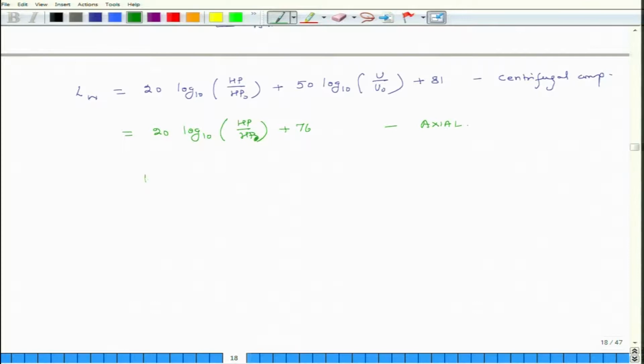So, what is HP? HP is power used by the compressor in horsepower. HP 0 is a reference horsepower level and that is equal to 1 HP. So, in the denominator we just put 1.